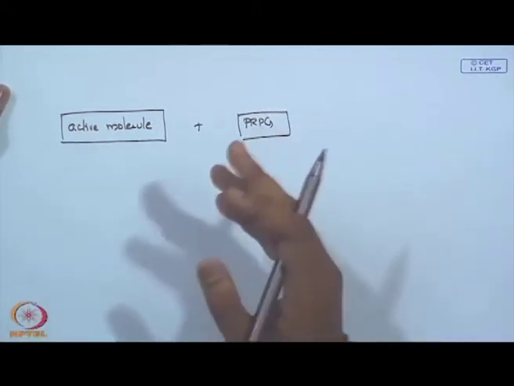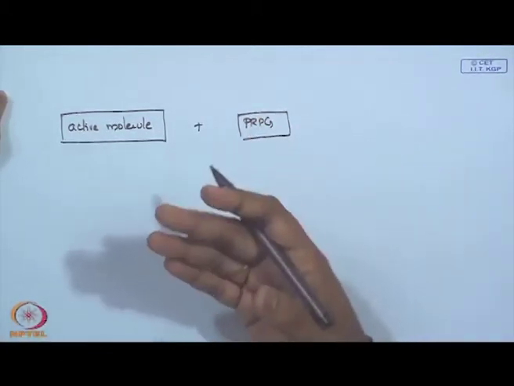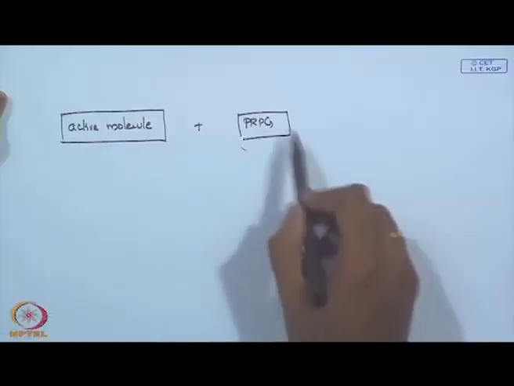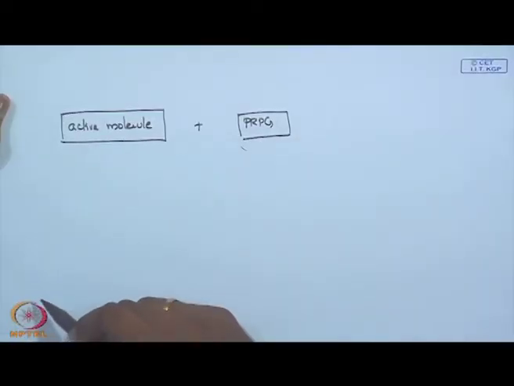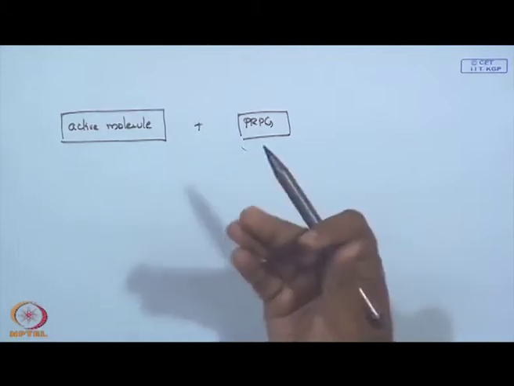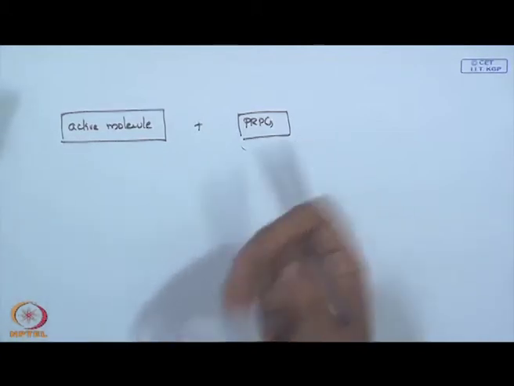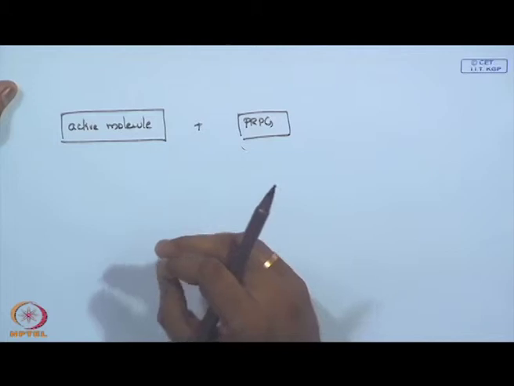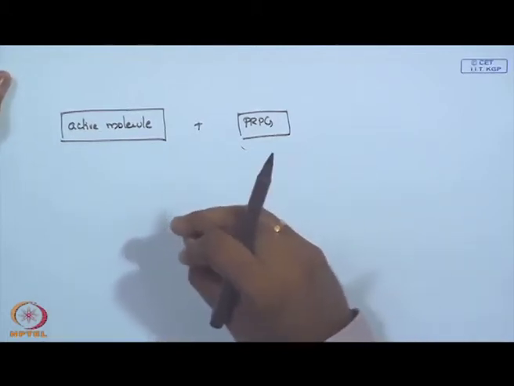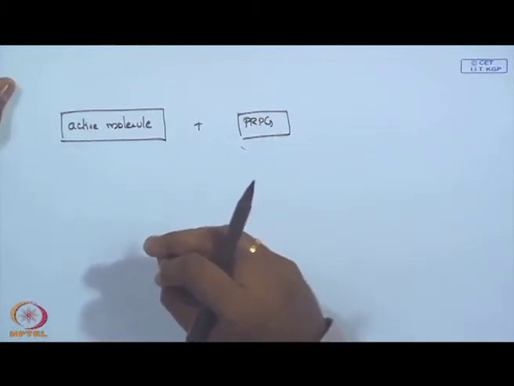There are protecting groups which can even absorb at 410 nanometers. And after it releases, it should not be toxic to your system. Keeping all these points in consideration, you can select your photoremovable protecting group.